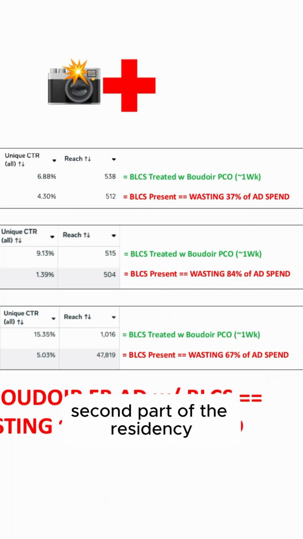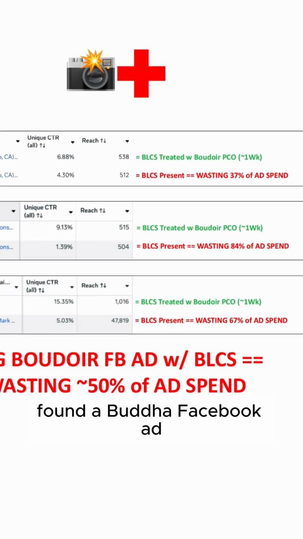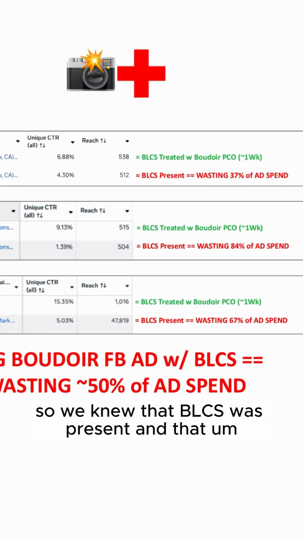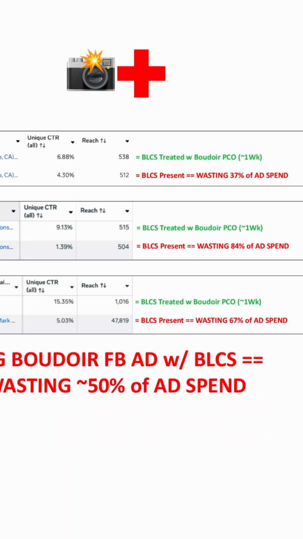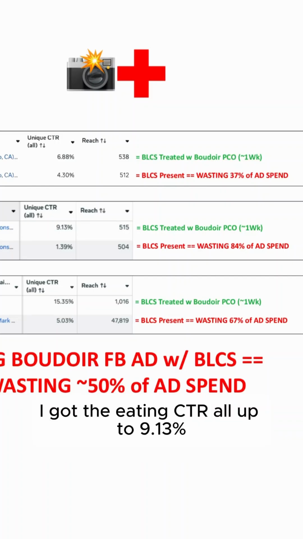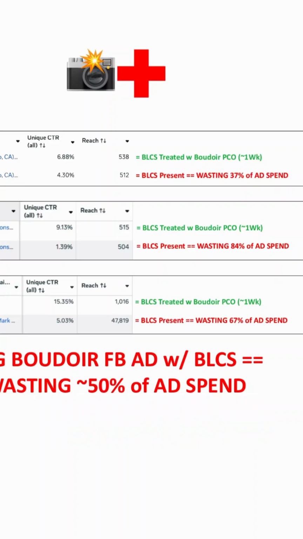Second part of the residency, I found a Boudoir Facebook ad that had 1.39% unique CTR all. So we knew that BLCS was present, and decided to duplicate it and treat it with Boudoir Pico. It takes about a week. I got the unique CTR all up to 9.13%.